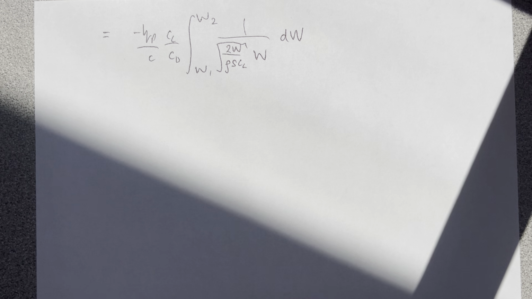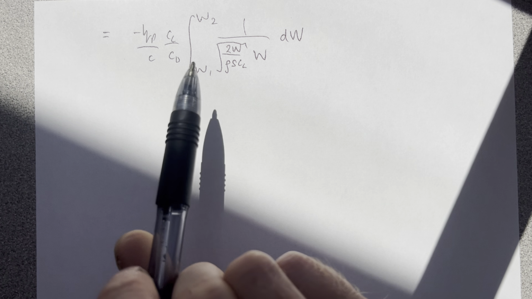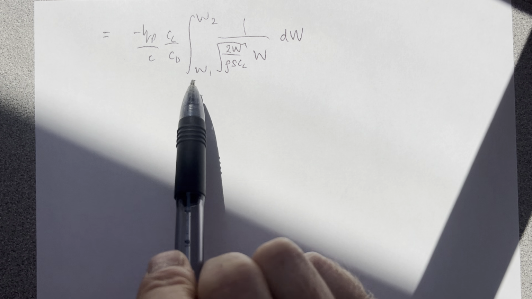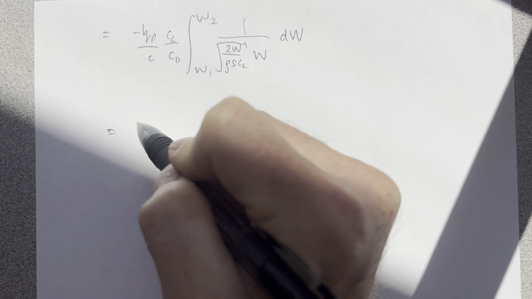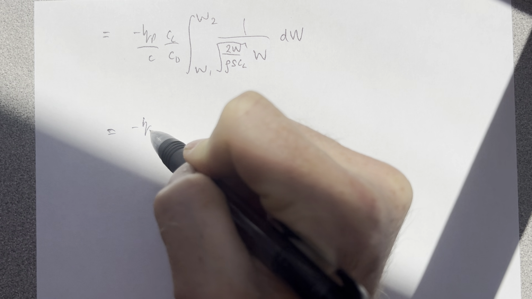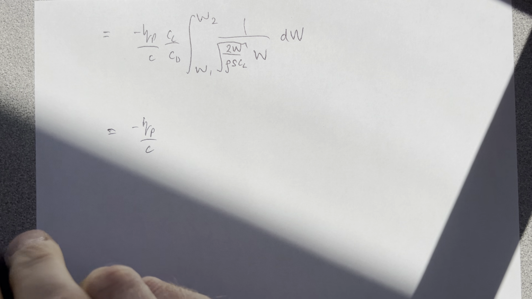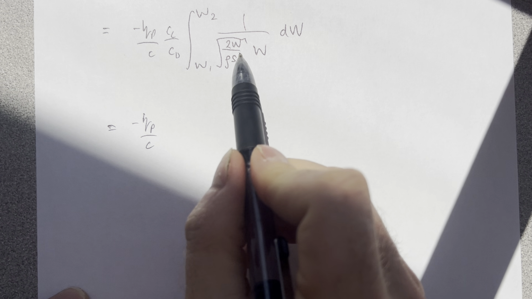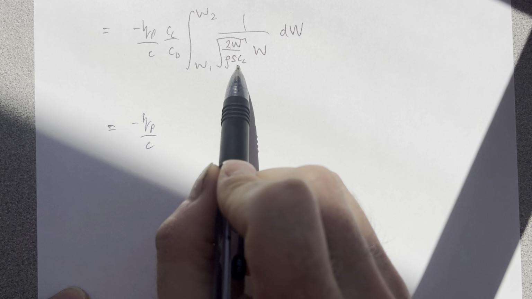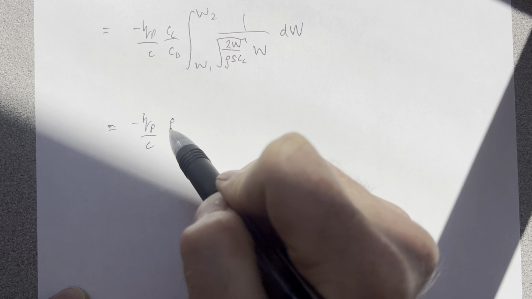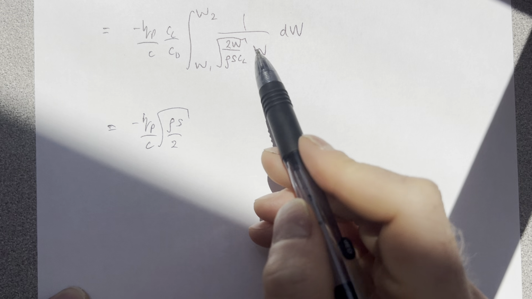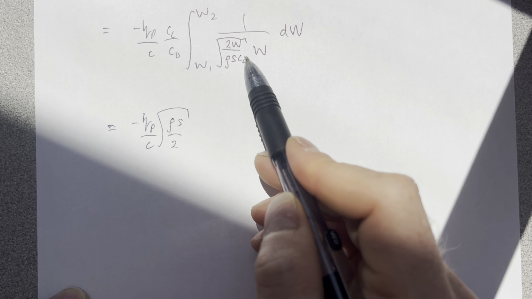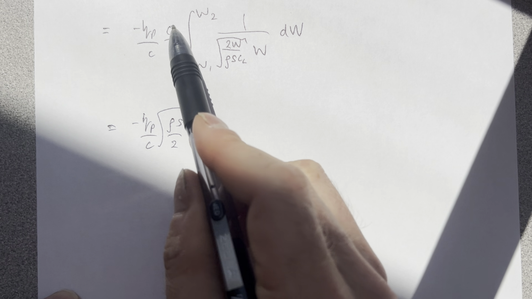Now again, I have a bunch of stuff that I can take outside of the integral because it doesn't depend on W. So let's do that real quick. Negative eta p over c. Then I've got rho S over 2, square rooted, and then I'm going to group this CL with this CL right here.